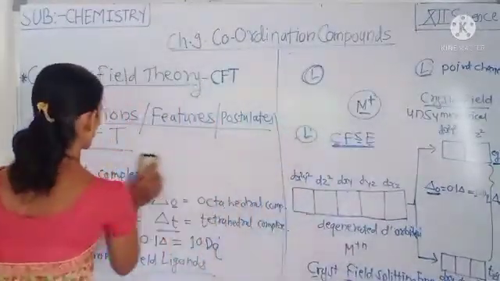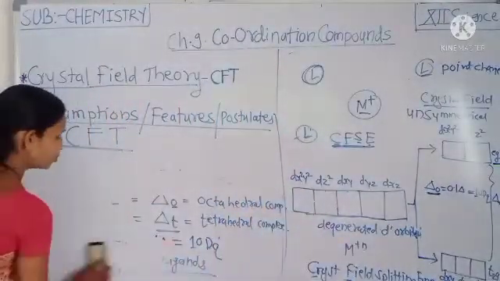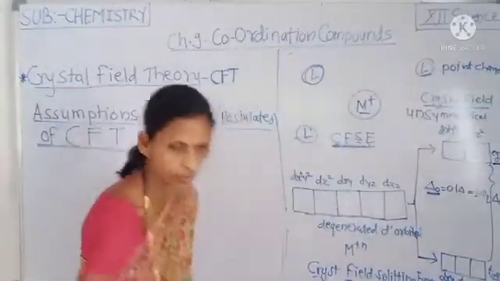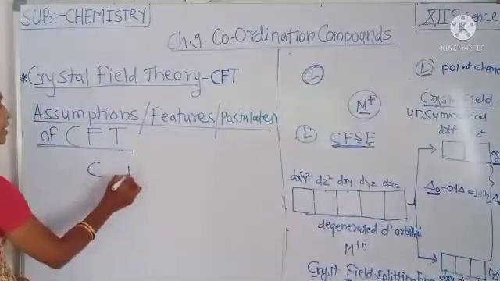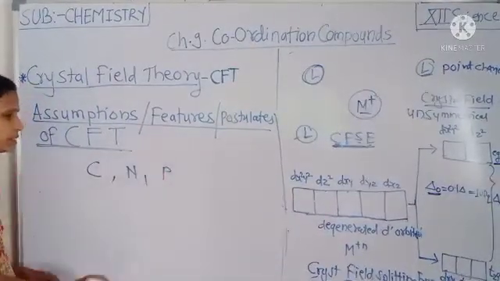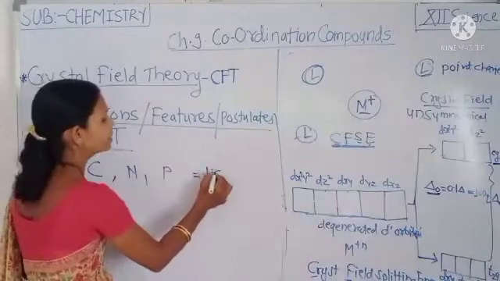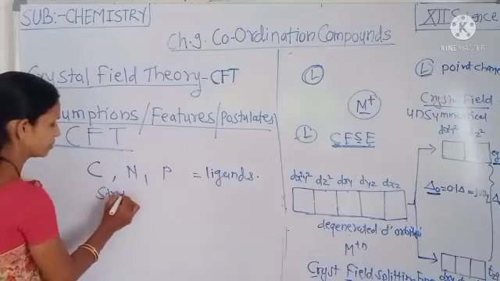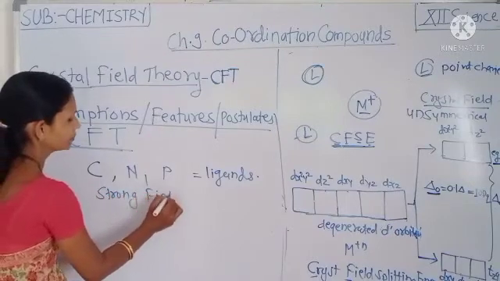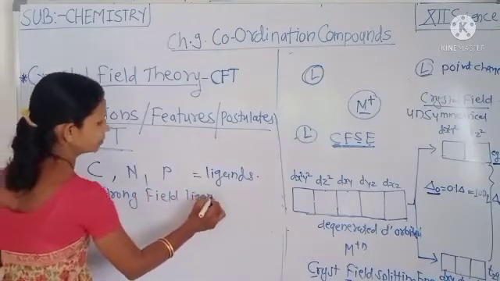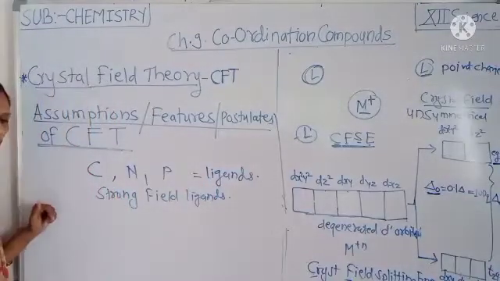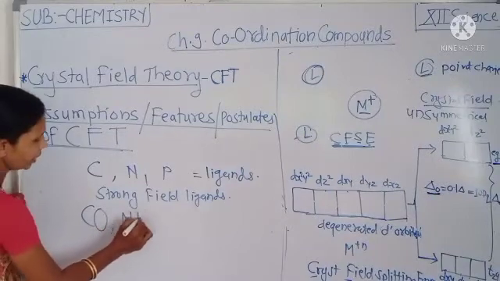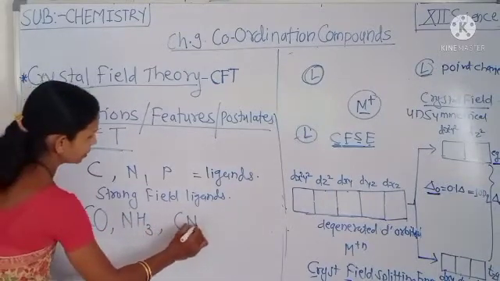The groups, compounds or ions which contain carbon, nitrogen and phosphorus are generally strong field ligands. For example, CO, NH3, CN and C2O4 2-.